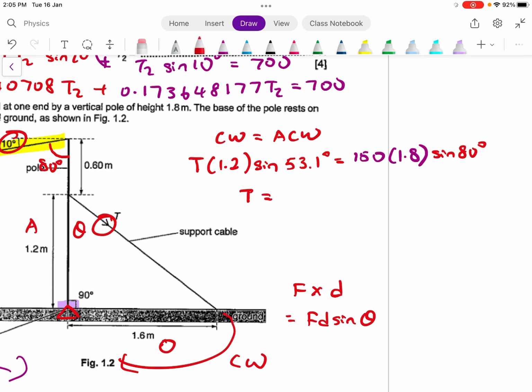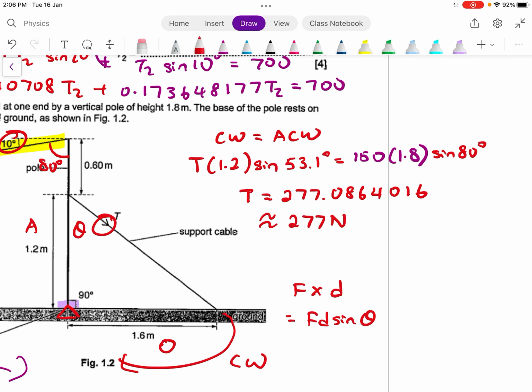So do a quick one. Divide by 1.2 sine 53.1. Okay, so my tension force, my T is equal to 277.0864016. So 3 SF is 277 Newton.